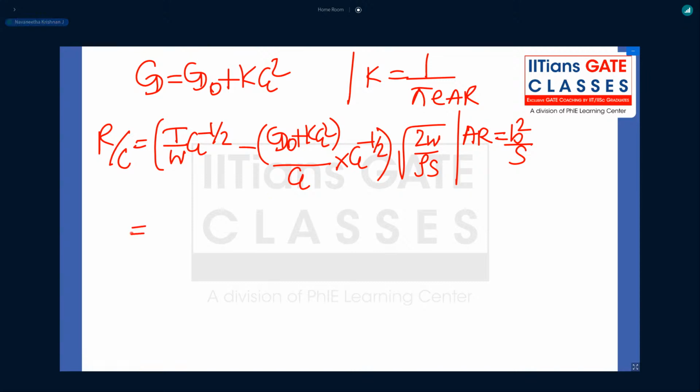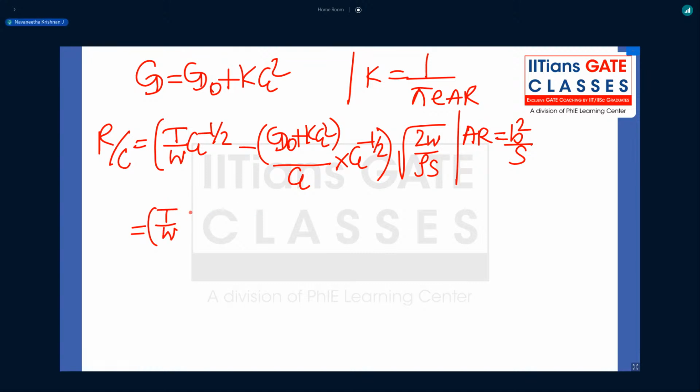For maximum rate of climb, we have to differentiate R by C with respect to CL, because CL is the only variable quantity. So if I differentiate with respect to CL, I will know the condition for maximum rate of climb.